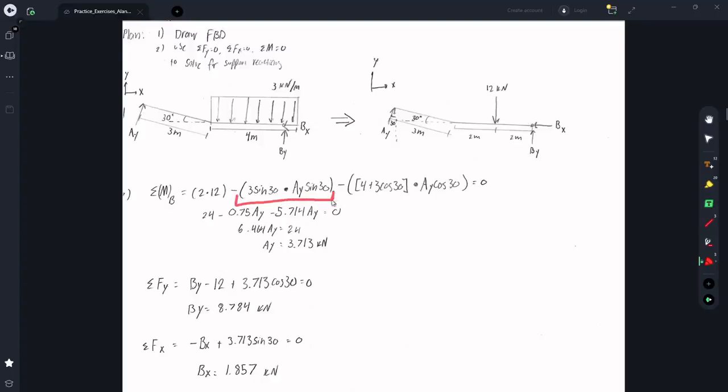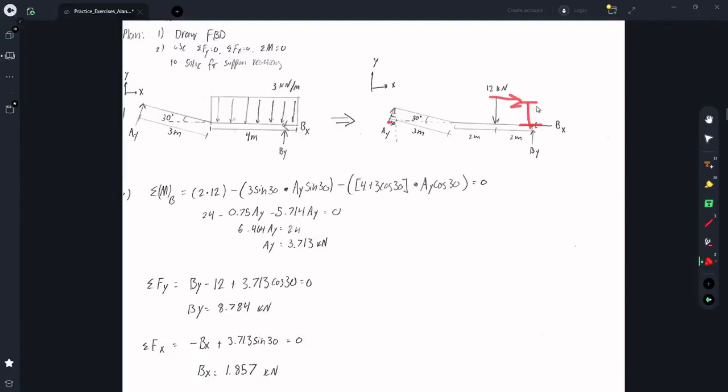The next one is to this distance here, and then this component of AY. That component.